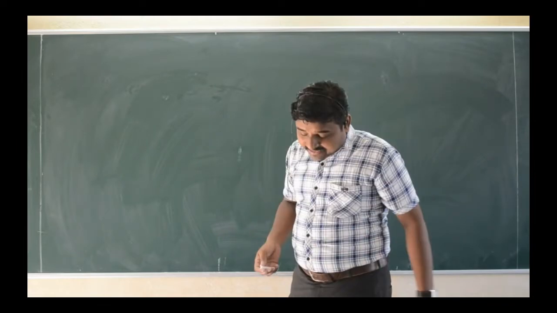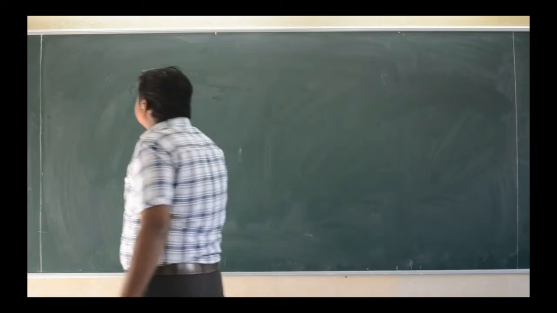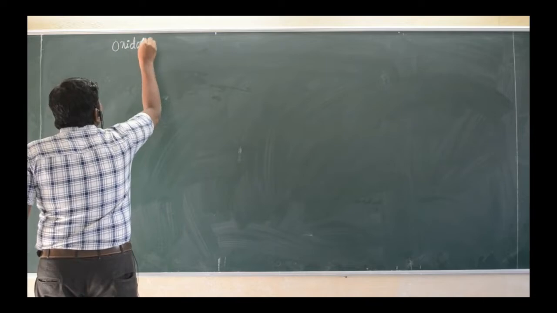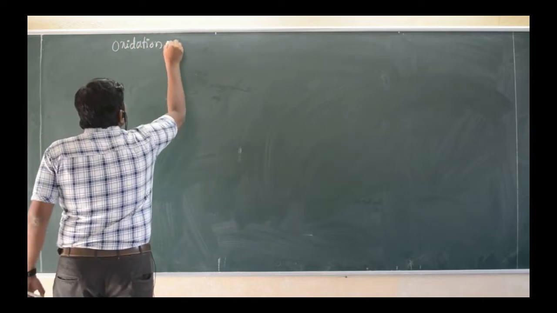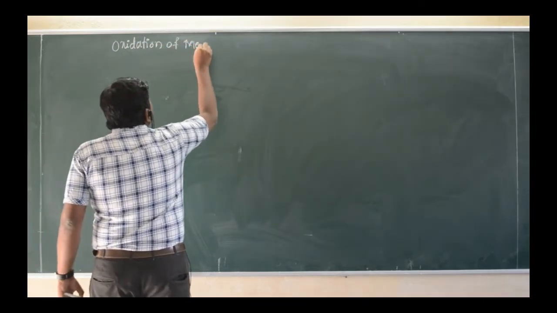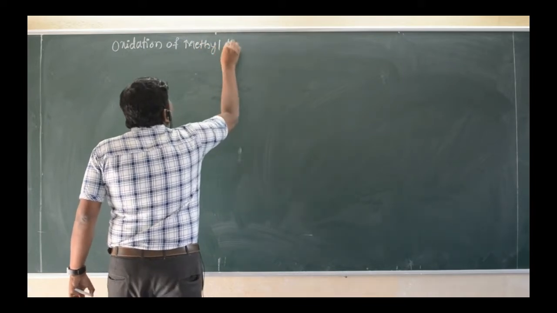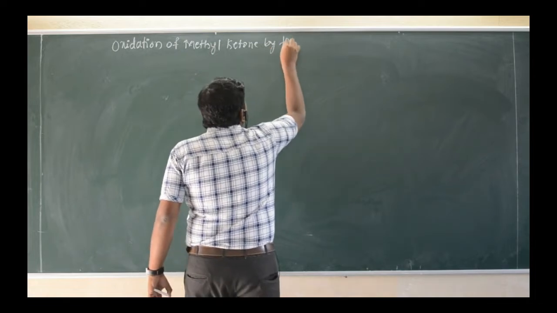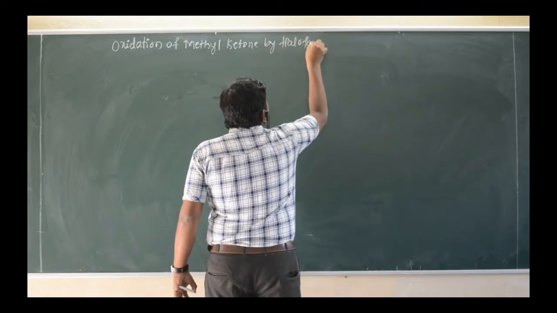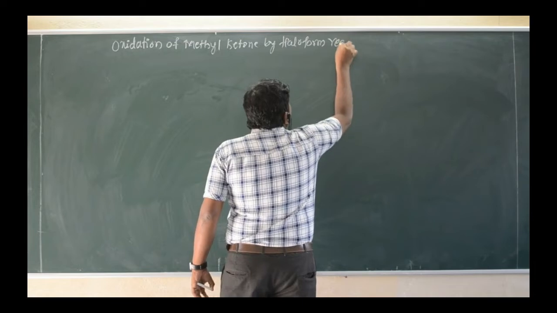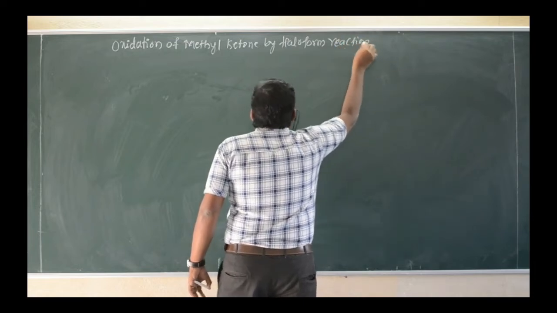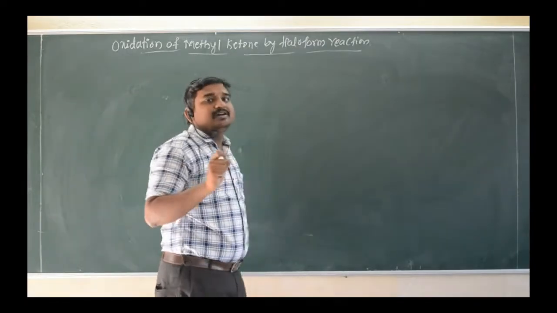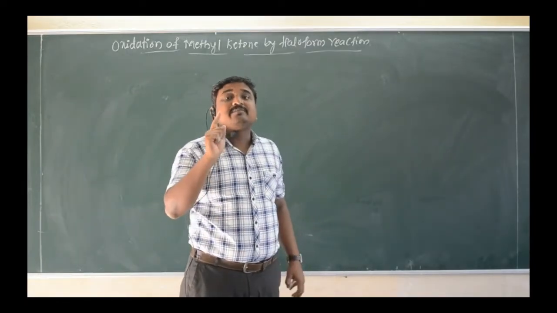Okay. So the next reaction is the oxidation of methyl ketone by haloform reaction. In this reaction, the ketone should consist of one methyl group.